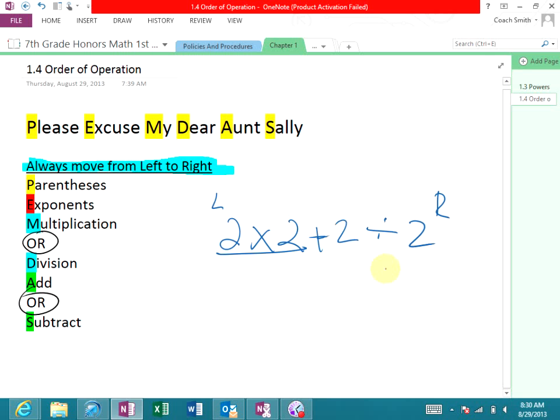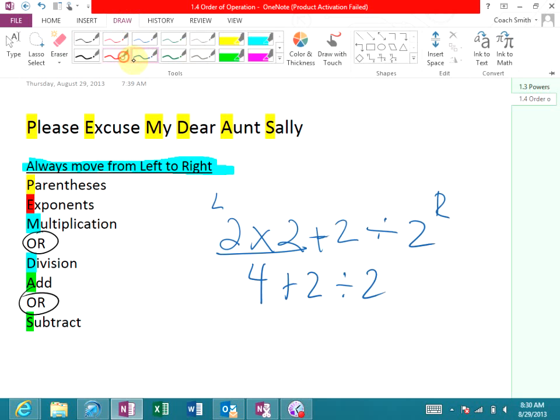Well, 2 times 2 is 4. So then I have plus 2 divided by 2. Okay, so what do I do next after that? So I have 4 plus 2 divided by 2. Tristan? Correct. We divide 2 into 2, and so that's going to give us, hang on here, let me change colors.